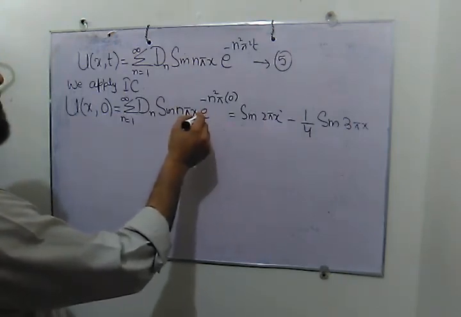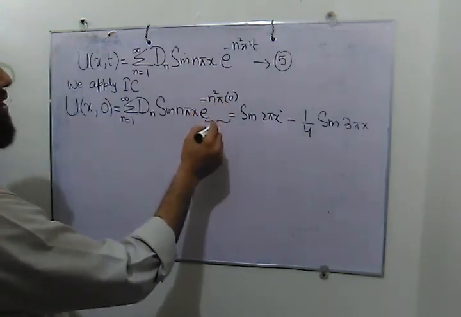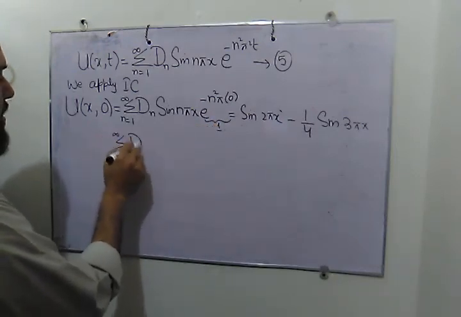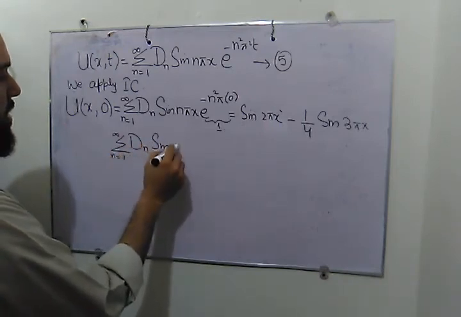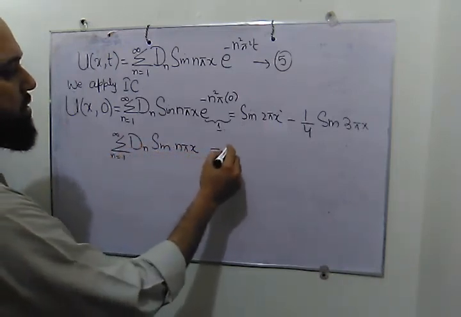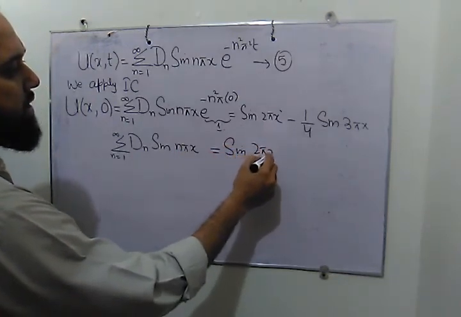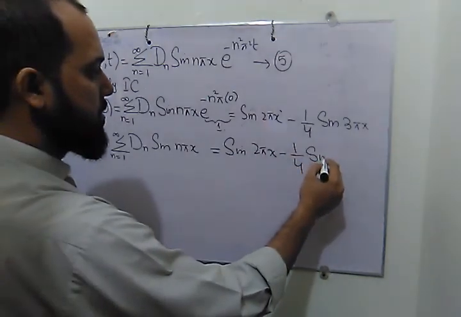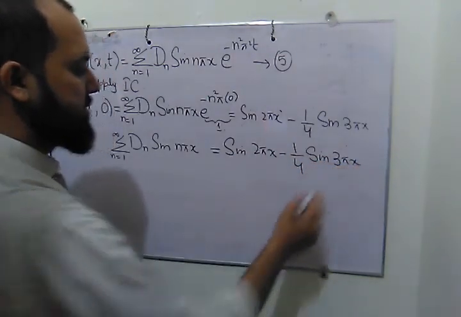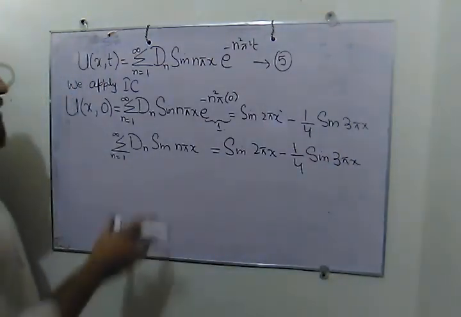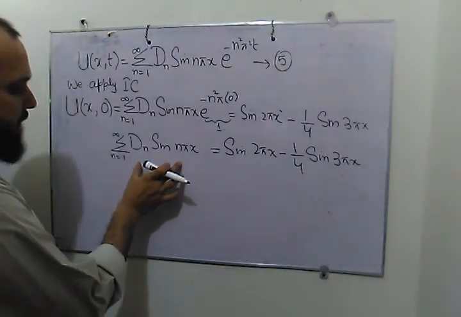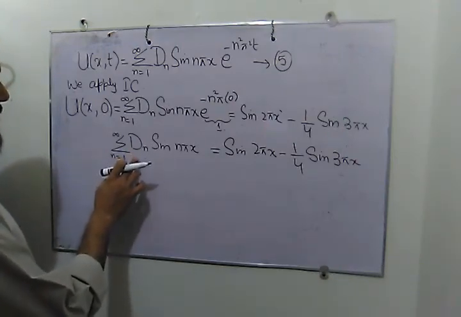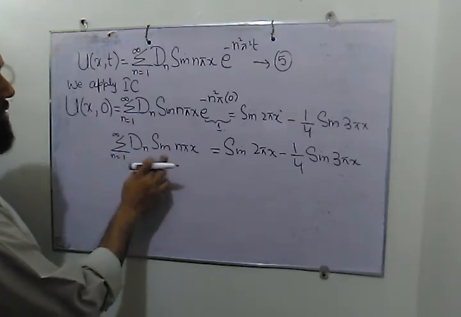Since we put t is equal to 0, the exponential term will become 1, and we are remaining with summation n is equal to 1 to infinity d_n sine n pi x is equal to sine 2 pi x minus 1 upon 4 sine 3 pi x. We expand this side because this is the sum of some terms. If we put n is equal to 1, we have the first term d1 sine pi x.